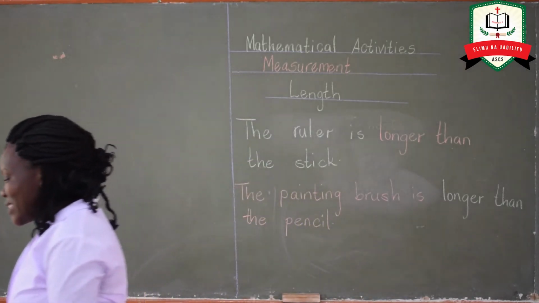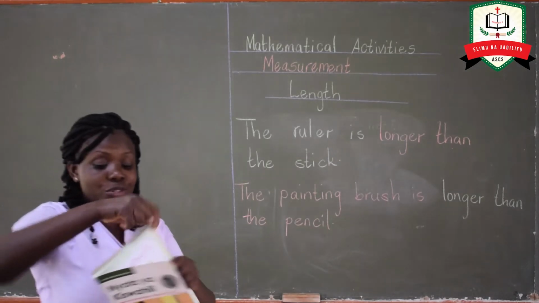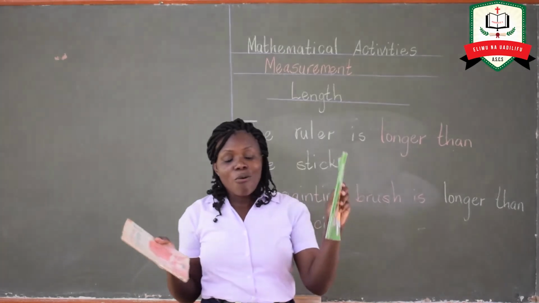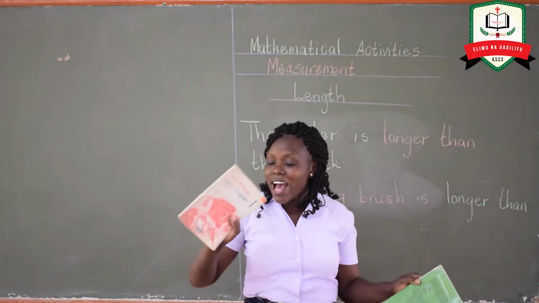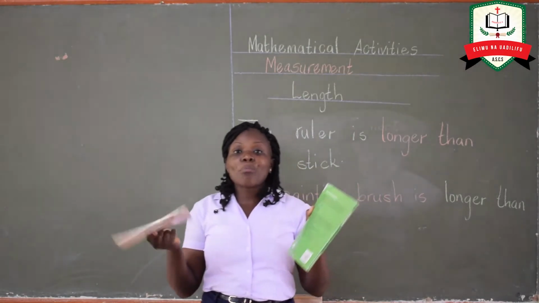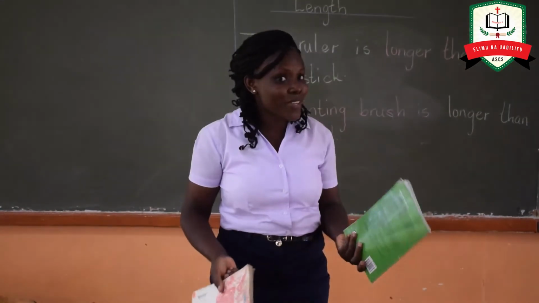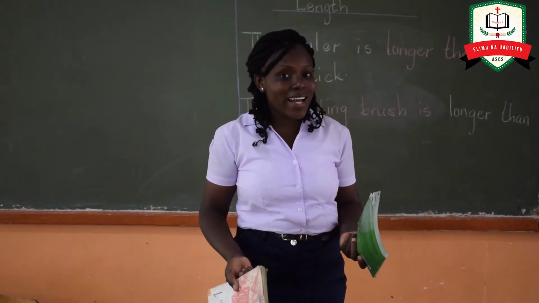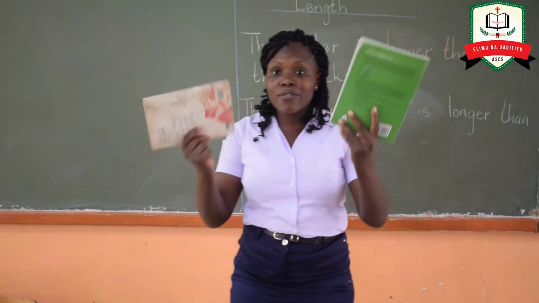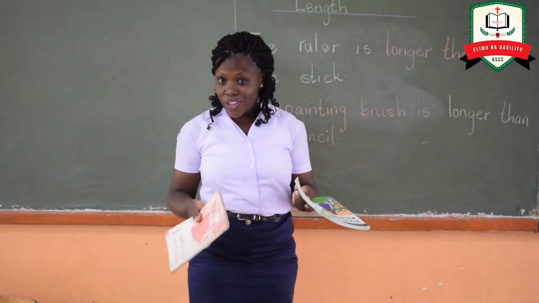Let's use another example. I've got two textbooks here. One is green in color and the other one is white. We want to compare the length. Remember, the word length means how long or how short something is. Don't forget that. So we have the green and the white book, and we want to compare their length.